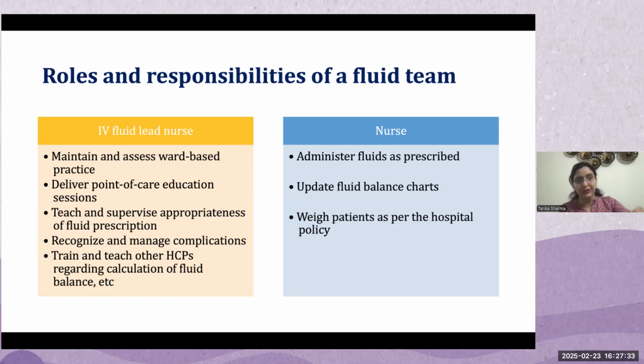And if you're monitoring the weight every day, or as per your hospital protocol, or maybe every 7 days, you can have the idea that if a person is gaining a lot of weight in a very short period of time, the person seems to be edematous, there is pedal edema, there is anasarca present. So all these things might be alarming for the nurses as well as for the healthcare workers.